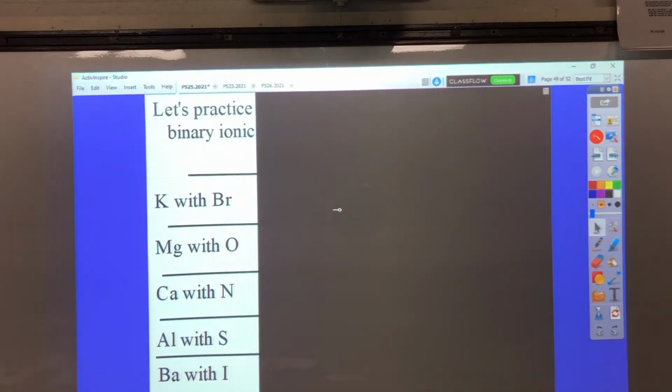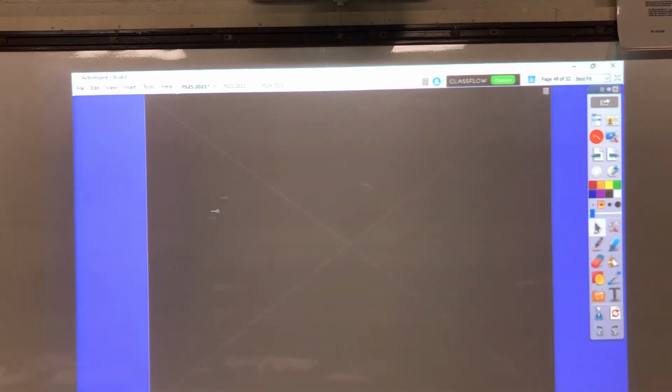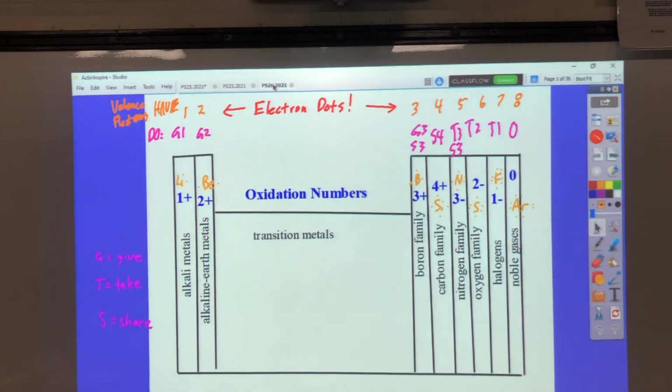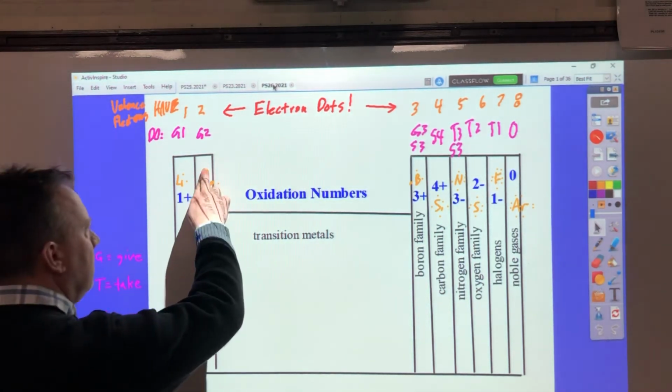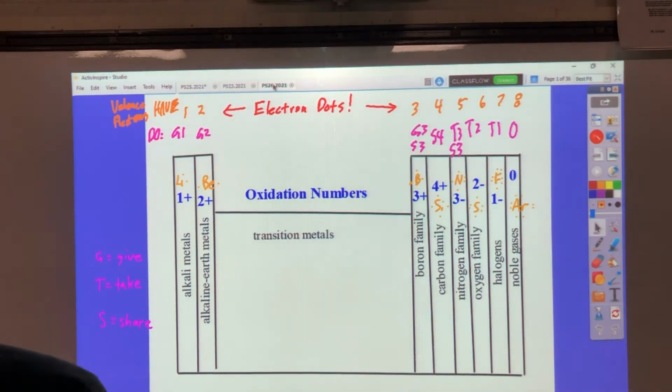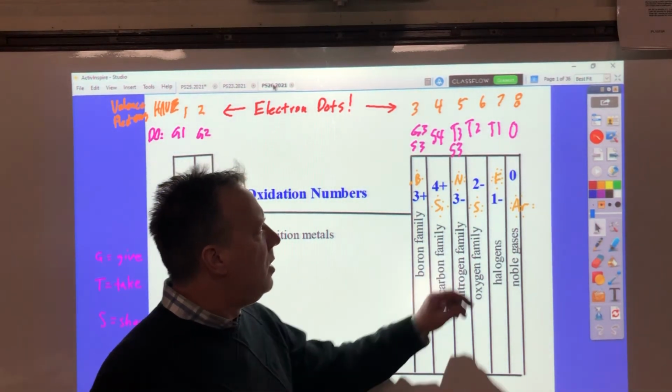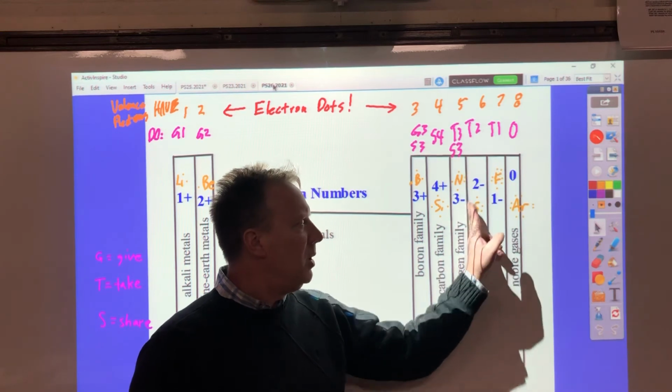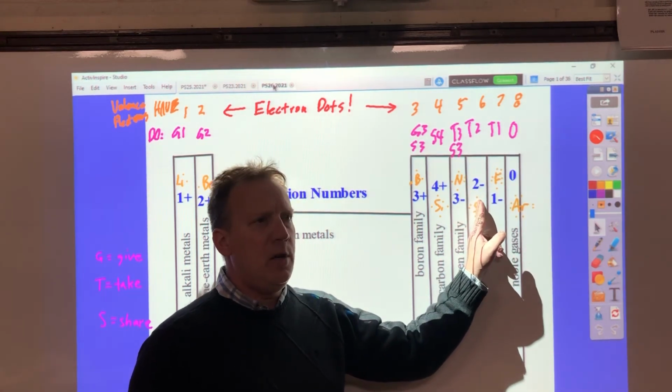Mg with O. We did this when we burned magnesium over in the fume hood. Mg is here. Gives two valence electrons away. Its oxidation number is 2 positive. Oxygen's over here taking 2 electrons. Its oxidation number is 2 minus.